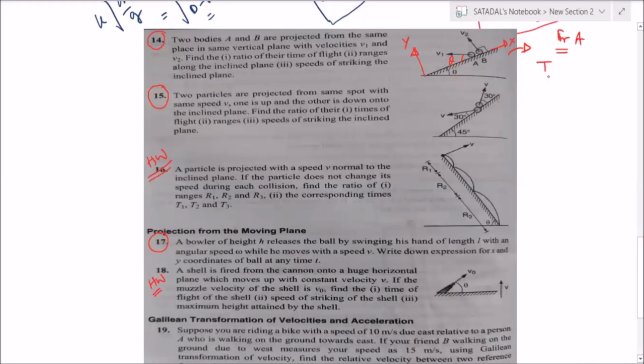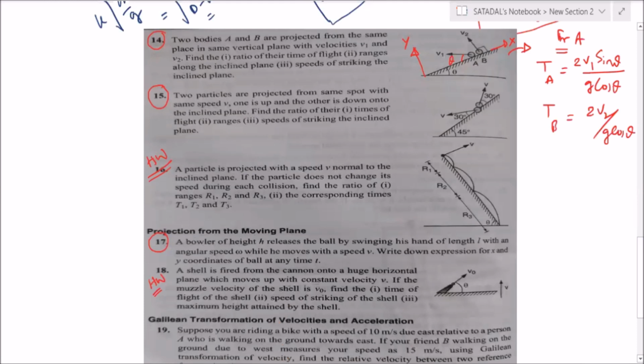So T_A will be equal to 2V1 sin theta by g cos theta, right? See, B is already launched with V2 perpendicularly, correct? So T_B, I can directly write 2V2 by g cos theta, correct? Is it okay? Right.